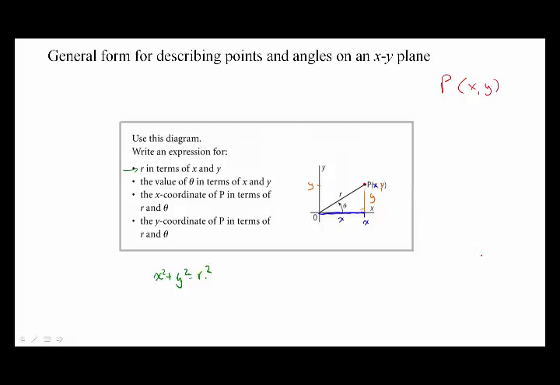So how do I get rid of that squared? Square root of. I can square root both sides. So I'm going to square root those now, and we're going to get r is equal to the square root of x squared plus y squared. Straightforward? Cool, nothing funky. We all know how to do that.